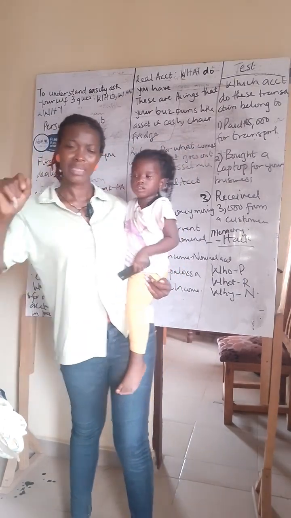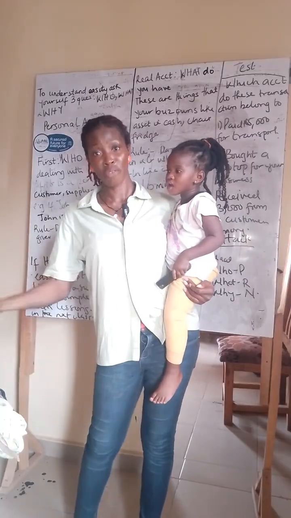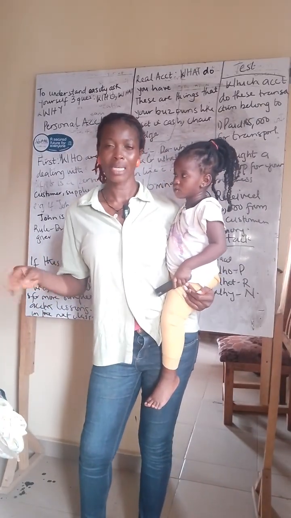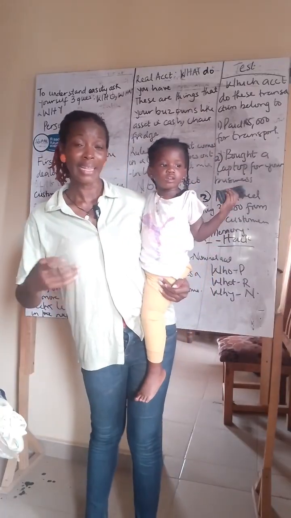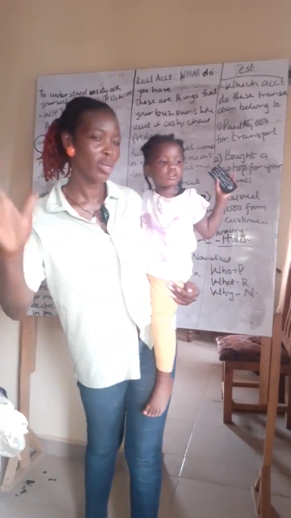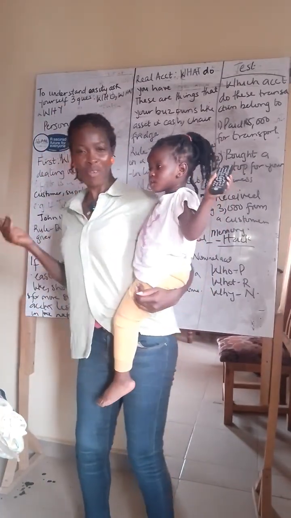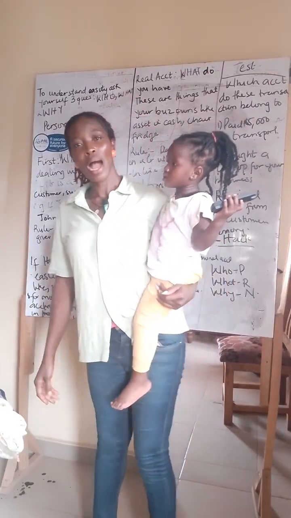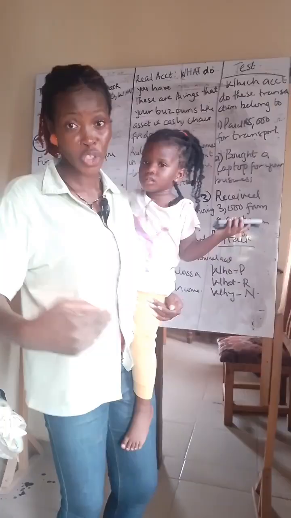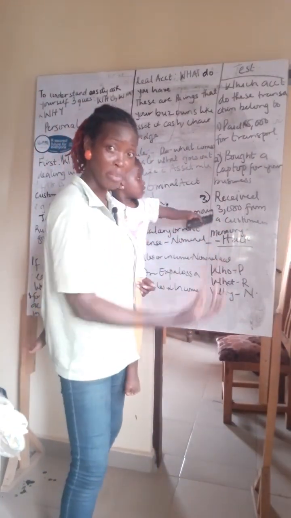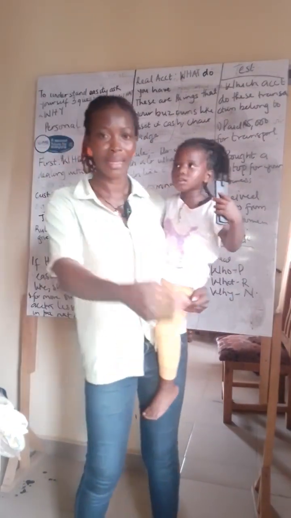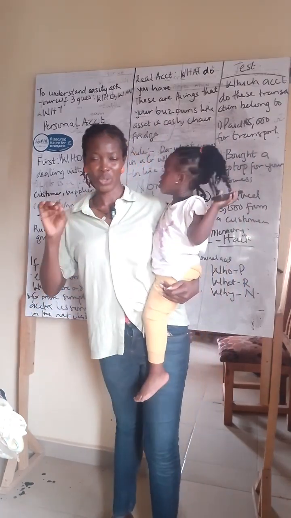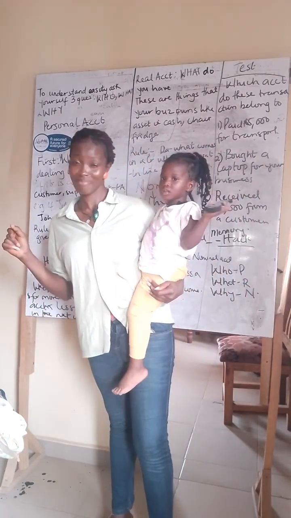In addition to the rent, I had to buy a fridge so I can put my drinks there and keep them cool, so that when my customers come, I can give them a can of cold Coke for them to enjoy. I also have customers walking into my shop and buying popcorn from me, saying, madam, take 10,000 naira for 4 packs of popcorn. That is the story that I have for you.